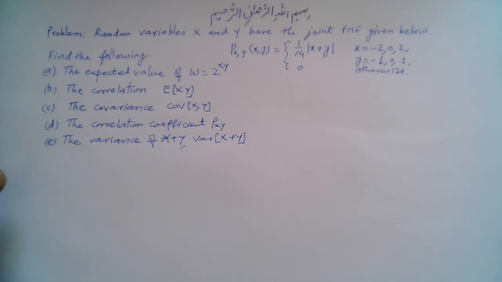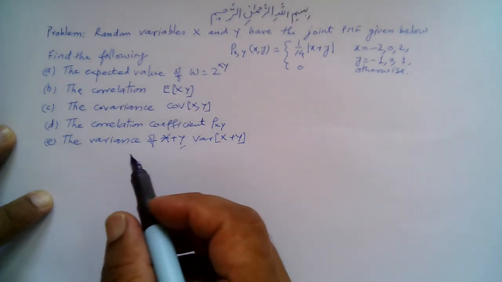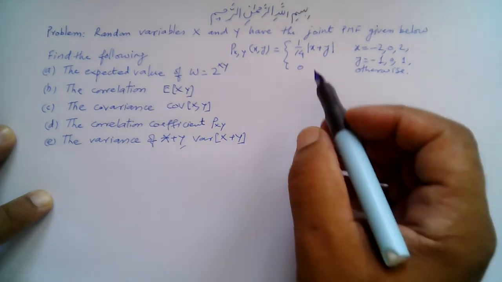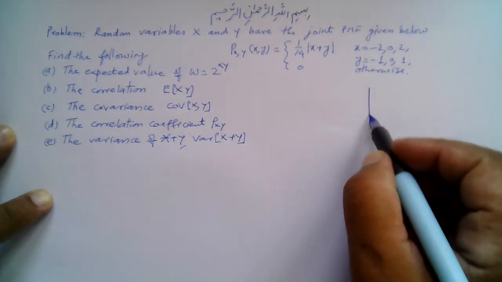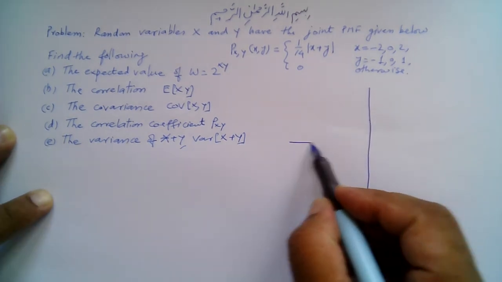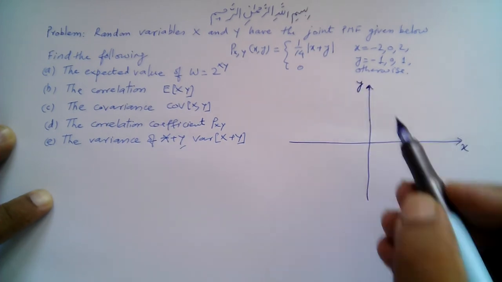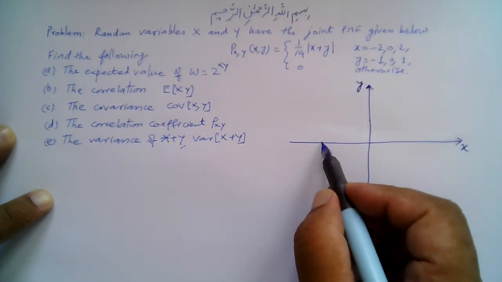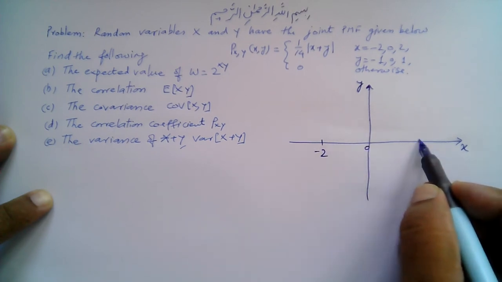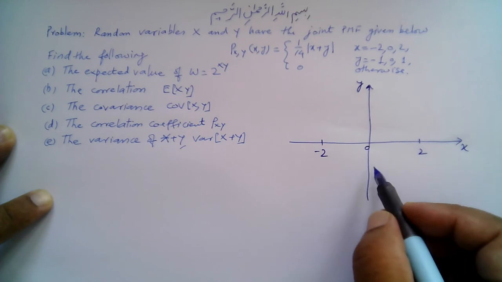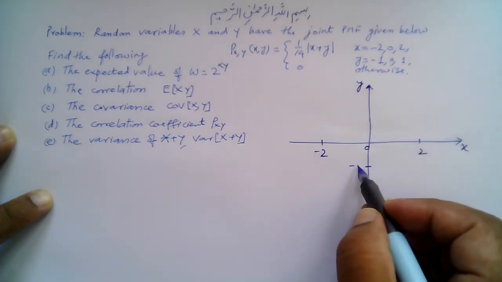So before we begin to actually solve the problem, let us plot all the points of this probability model. Here, this is our x-axis, this is our y-axis. We have -2 here, 0 here, and plus 2 here, and y takes on -1, 0 and 1.